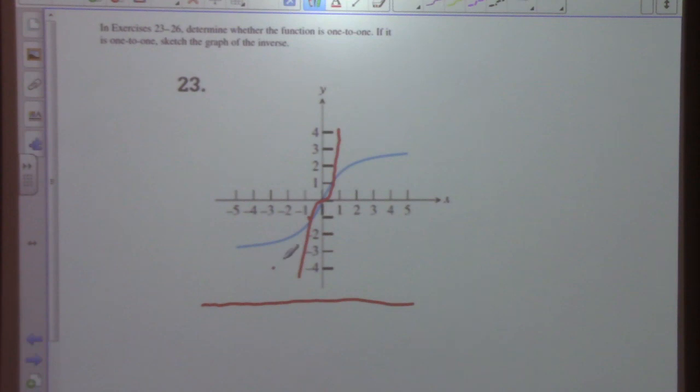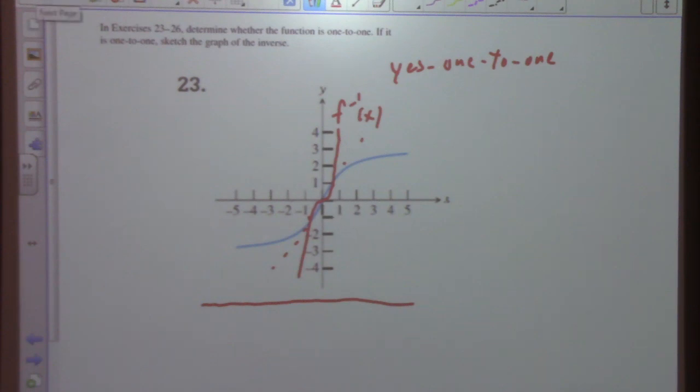So that's not the best drawing I've ever done of this thing, but that's what it looks like. So whether the function is 1-to-1, yes. 1-to-1. And that is the sketch of the inverse function here. So that's going to be f negative 1 of x. Okay?